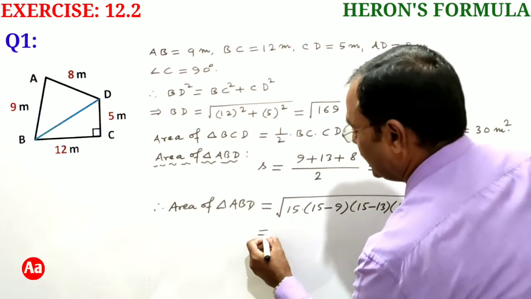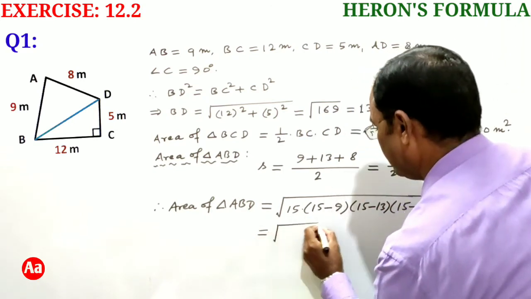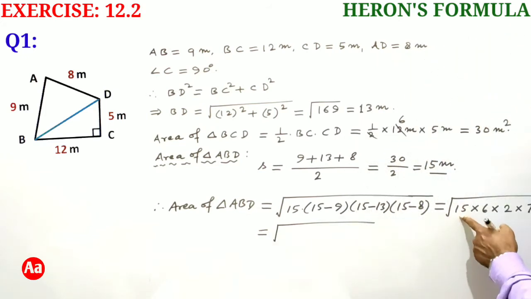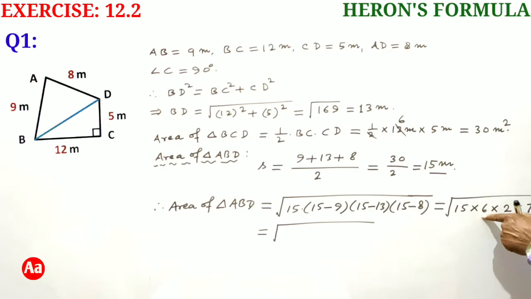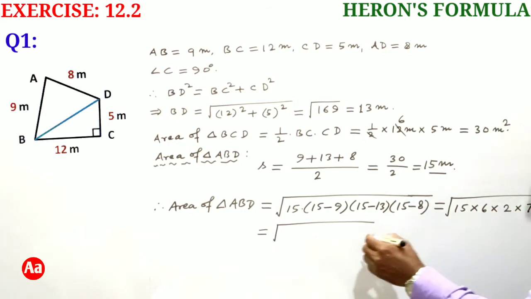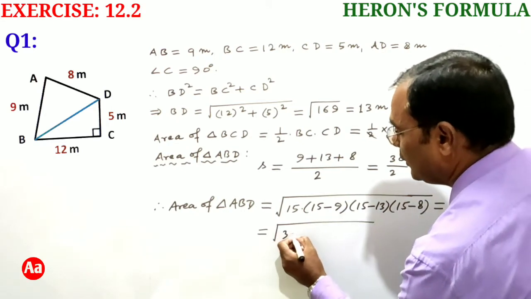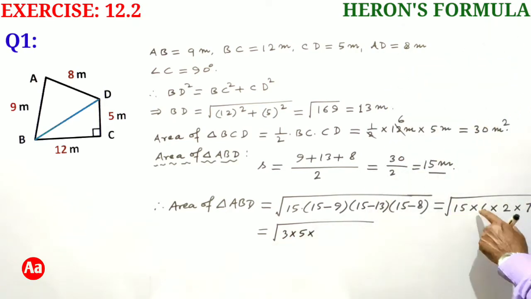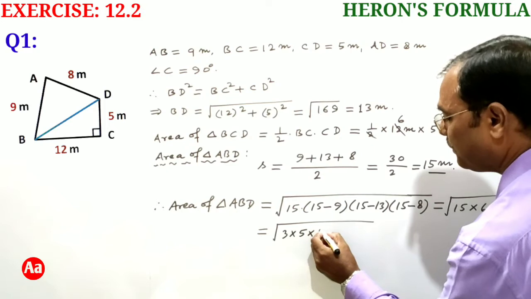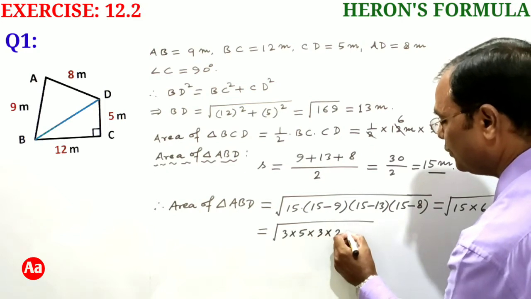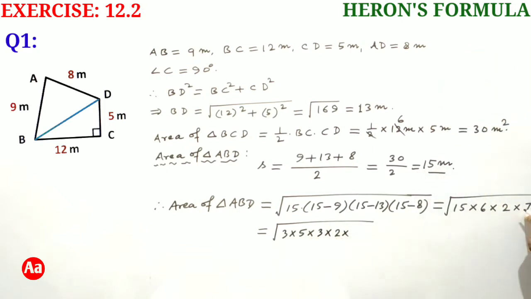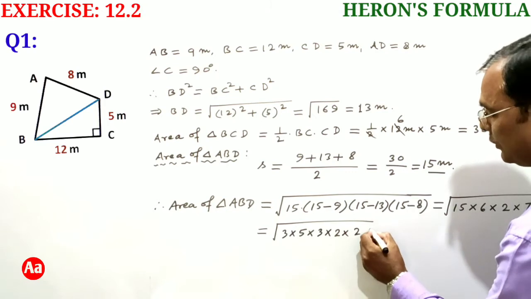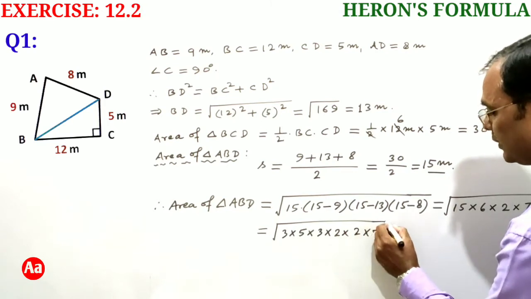This is equal to under root, 15 we are going to write 3 into 5, 6 as 3 into 2. So 3 into 5 into 3 into 2 into 2 into 7 into 2 into 7.